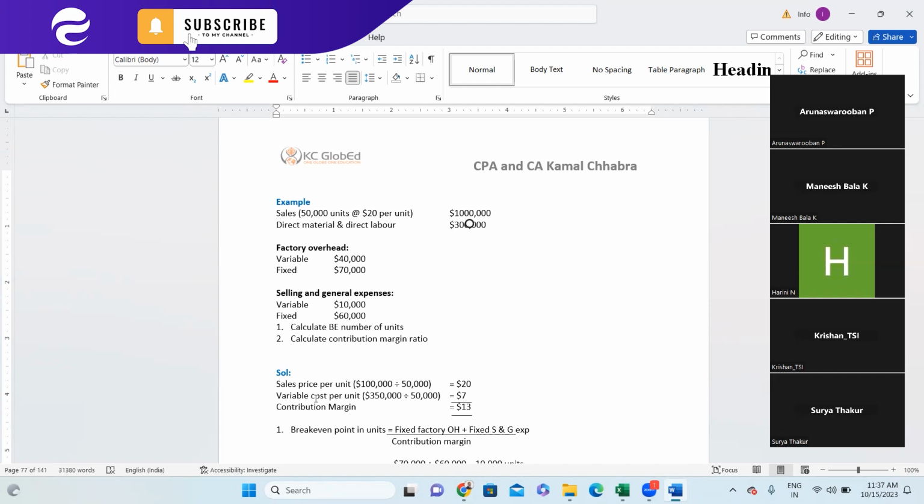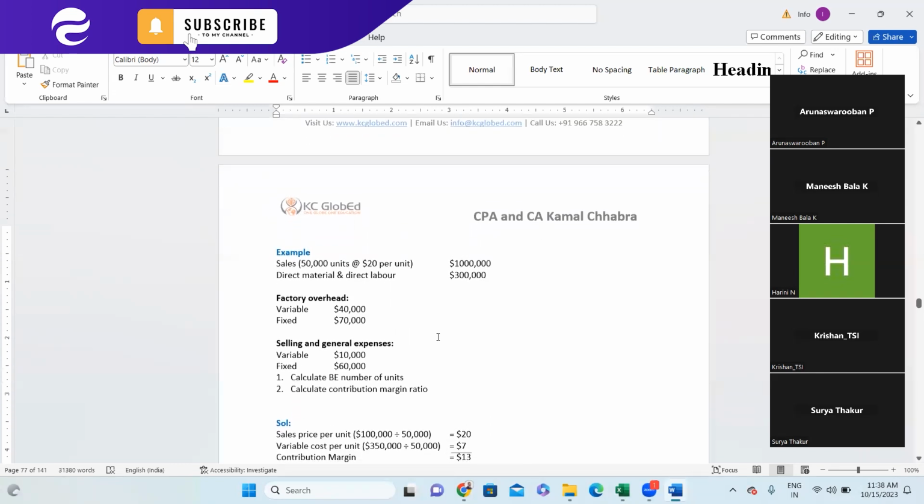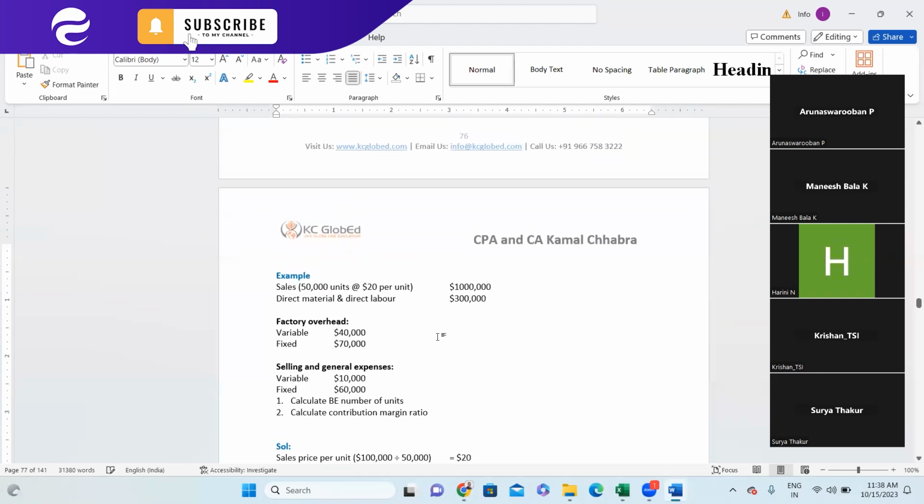If $13 is your contribution margin, what is your fixed cost in this example?